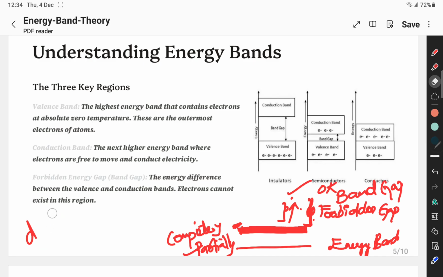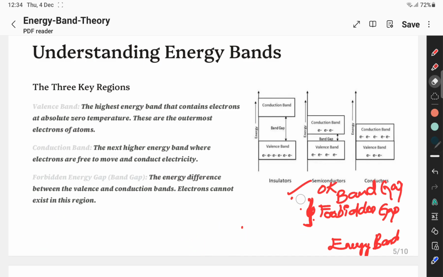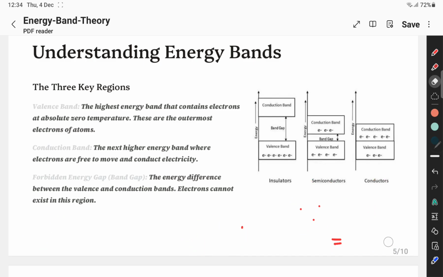Now I hope you understood about the conduction band, valence band, and forbidden energy gap or band gap, right? So what is a valence band? It is the highest energy band that contains electrons even at absolute zero temperature. These are the outermost electrons of the atoms.